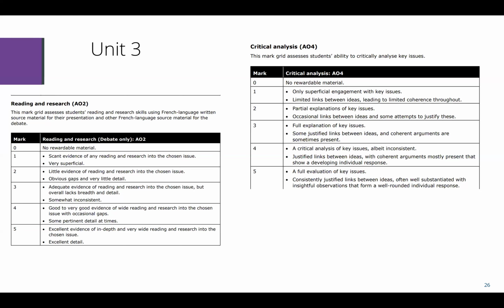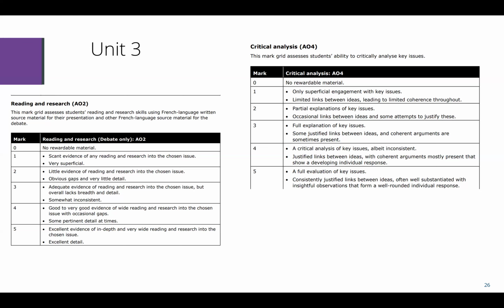But the one I wanted to look at here is the grid which mentions reading and research, and that covers only the debate. If you remember, they choose an issue to debate with you, and there is an expectation. You remember we said that it was there in page 26 and page 27. Actually, no, it's on page 26 only.